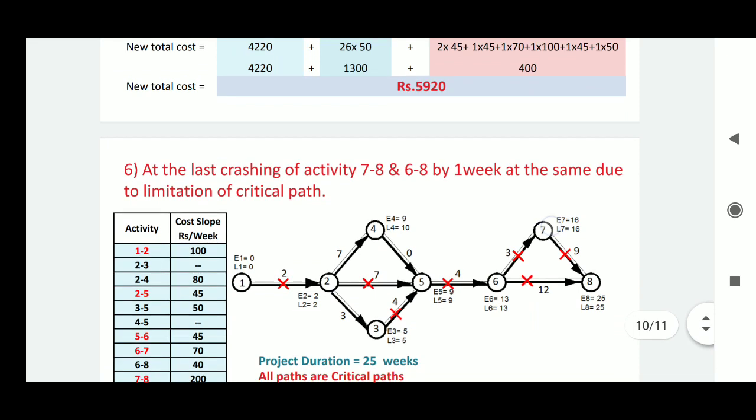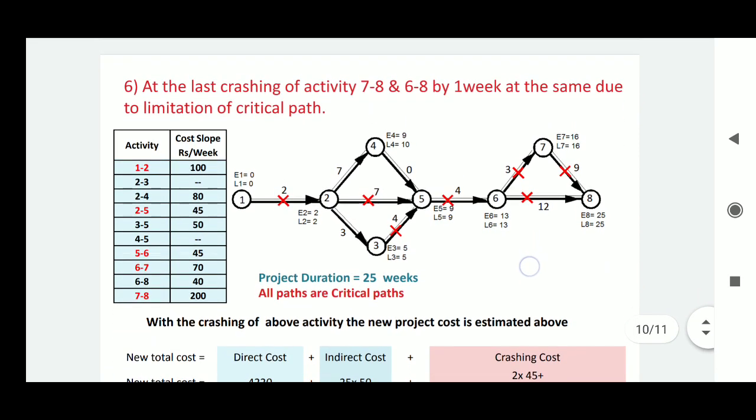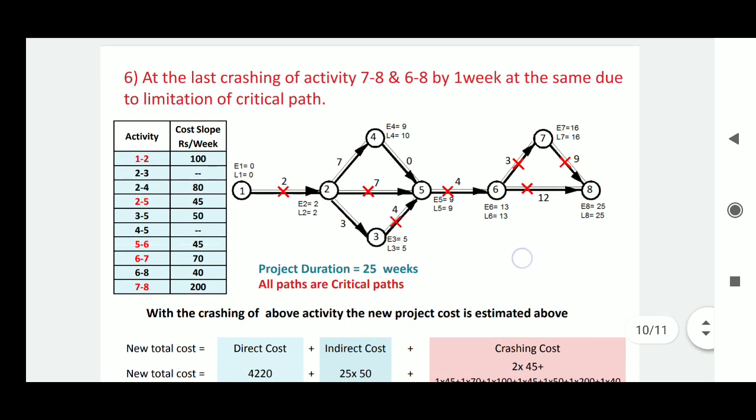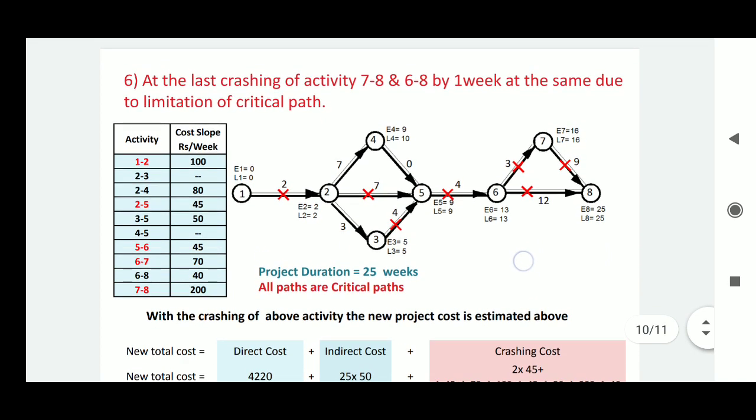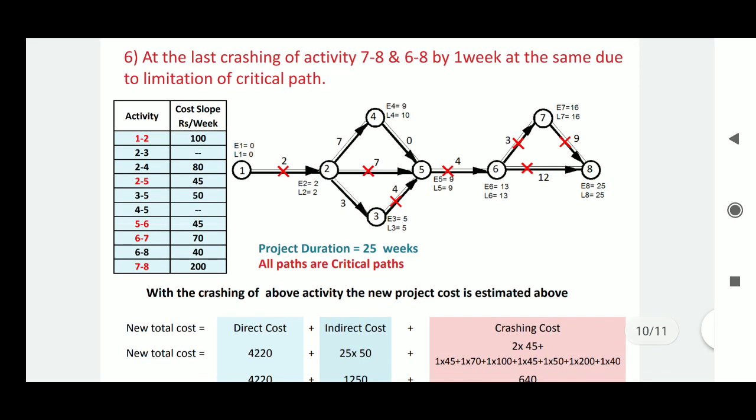Now see, at the last stage, crashing the activity 7 8 and 6 8 at the same time, because individually we cannot crash activity 7 8 by 1 week. If we crash activity 7 8 individually by 1 week, then our critical path will change from 5, 6, 7 in this direction.